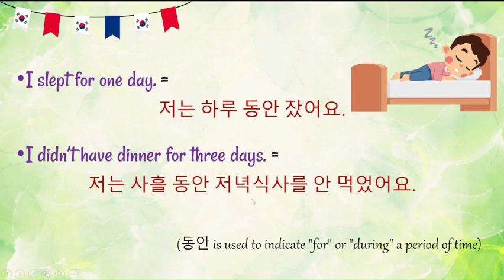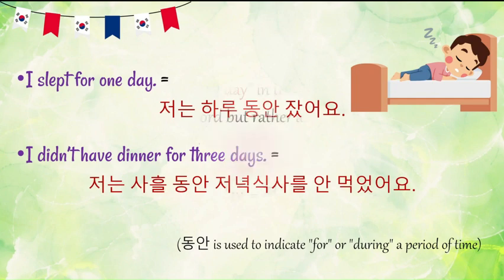Dinner is 저녁 식사, and to eat is 먹다, in past tense 먹었어요. And to negate this sentence, we have used 안, didn't have, 안 먹었어요. Okay, so this is how you use these words for 1, 2, 3, 4 and 10 days in Korean sentences.